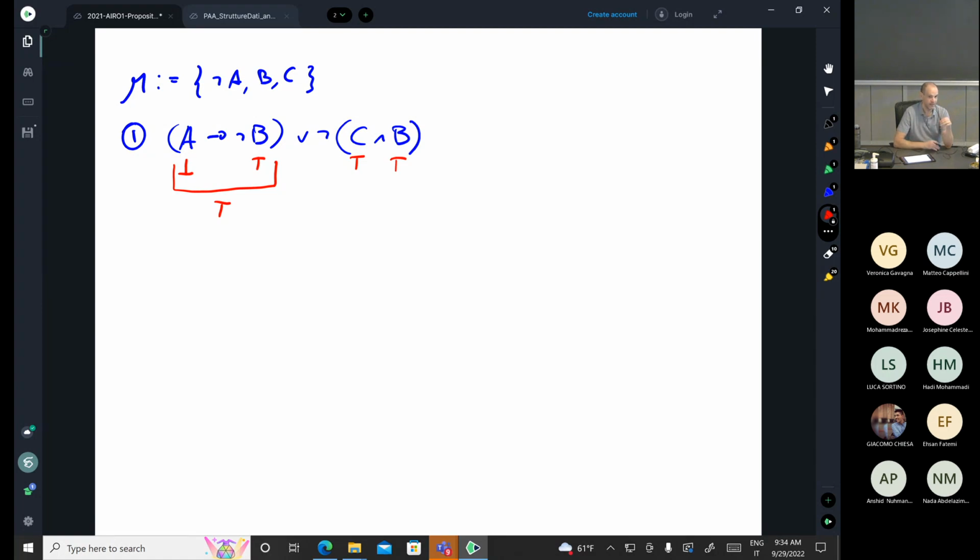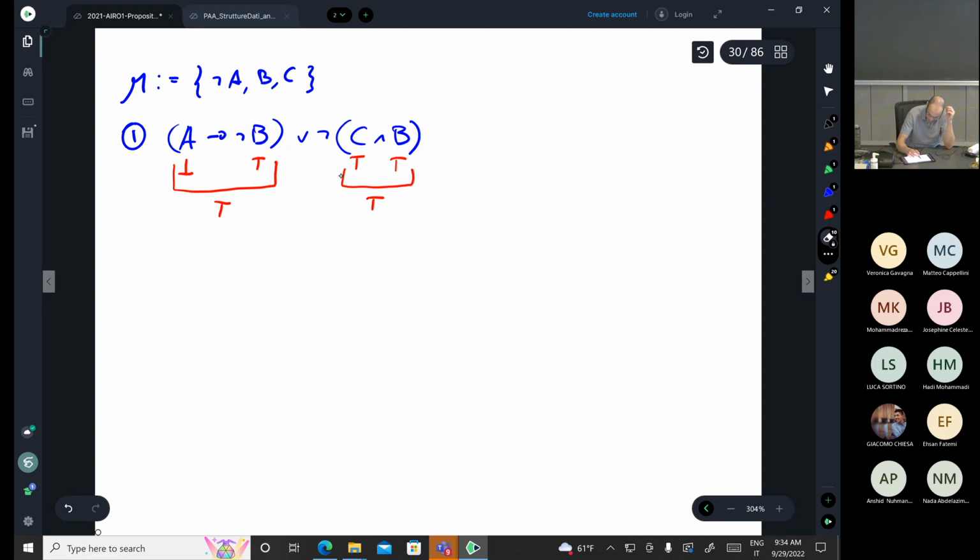Okay, and so in case you find yourself evaluating formulas, this is nice if you do it. I mean, try to save some time. Okay, true and true. We know that the conjunction is true. So we can even avoid this evaluation.